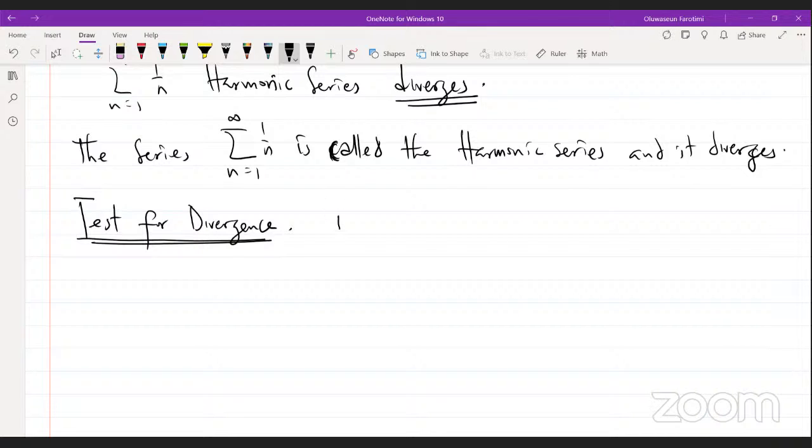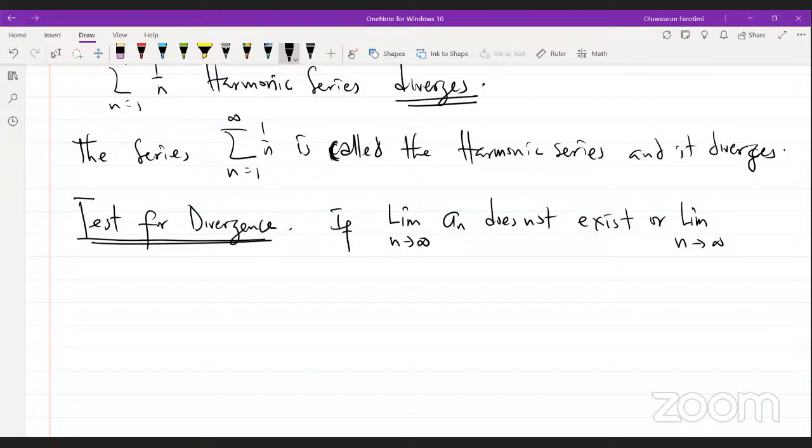It says that if the limit as n goes large of a sub n, if this limit does not exist, or perhaps we can say if this limit of a sub n is not 0, then the series is divergent.